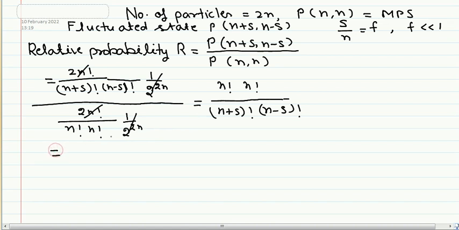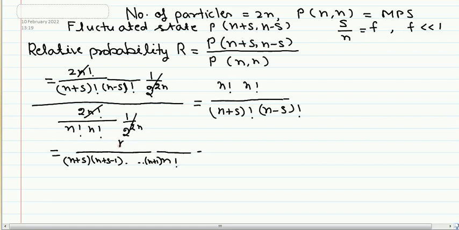Because n plus s is more than n, when we factorize n plus s factorial, we will have the terms n plus s, then n plus s minus 1, then n plus s minus 2, and so on up to n plus 1, and then n factorial.